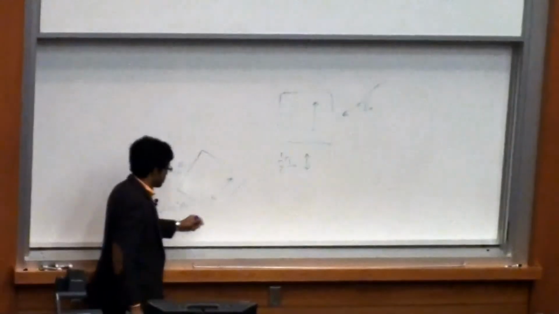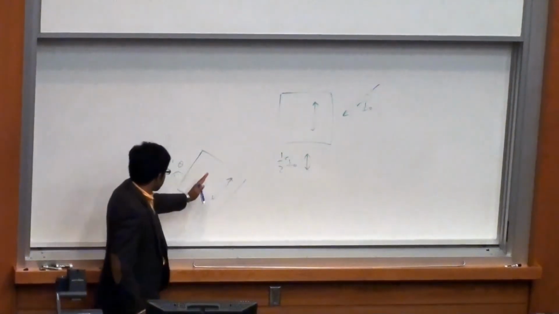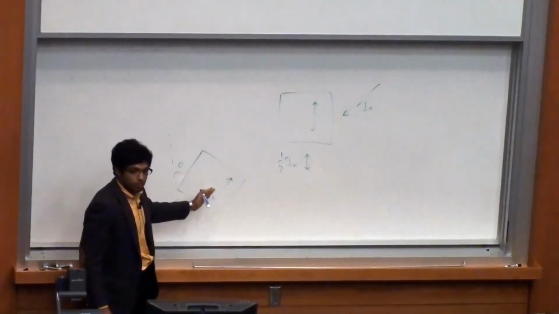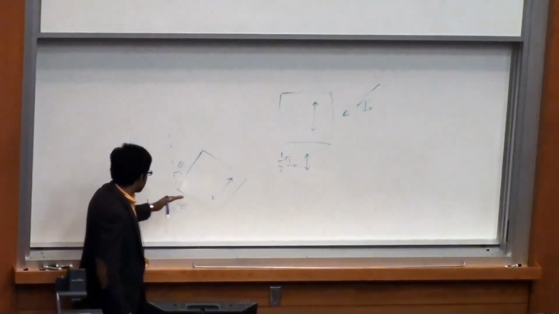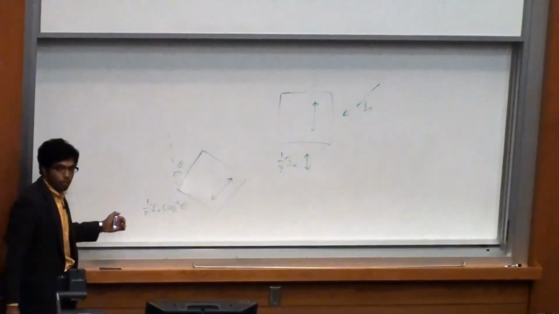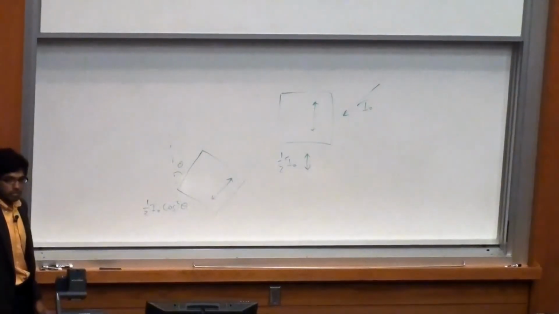Now this won't simply be another 1/2, because I only have light in one direction. So I take that and I have to look at the cosine component of the angle to see how much light is actually coming out of there. Does it make sense? You guys look a bit puzzled.